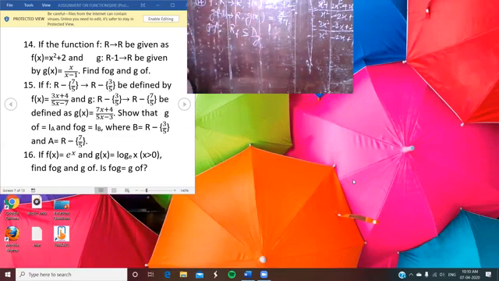Now check it. If you are talking about the range of f, here you see that the value of x square is always greater than or equal to 0. And if you add 2 to it, you can say that the minimum value of f(x) is 2. So the range is from 2 to infinity.